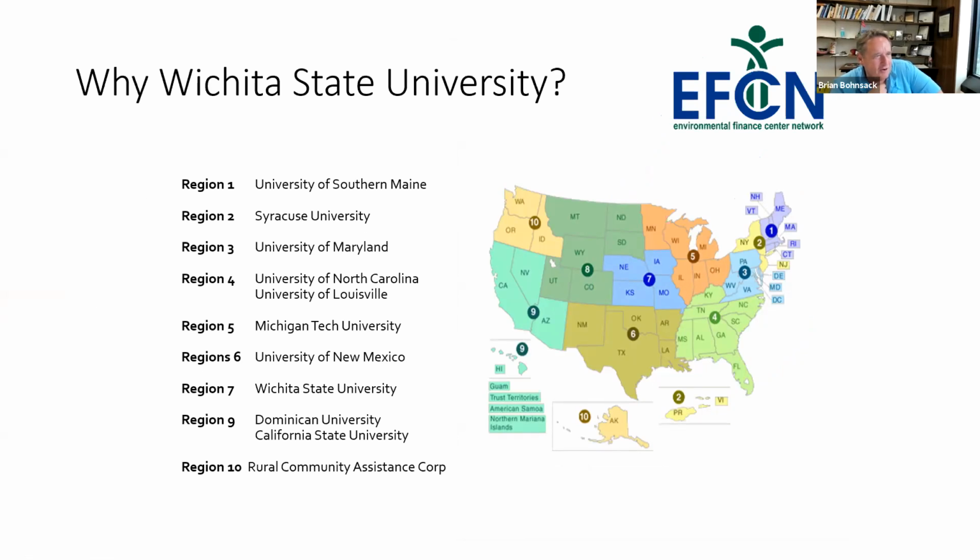Some of you may be wondering, why Wichita State? Why are we doing this, particularly for Iowa, Nebraska, and Missouri? Well, it's because we're this region's environmental finance center. I tell folks repeatedly, I'm an ex-federal employee from a different agency, but I'm real impressed with the way the EPA has stood up these environmental finance centers in each of the EPA regions. Environmental finance centers are used by EPA.